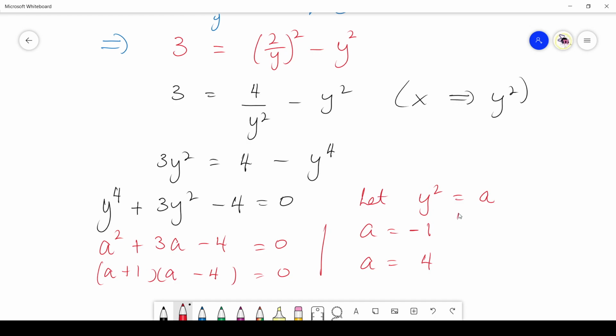So we have to do that change. So we have y squared is equal to -1, and then we have y squared is also equal to 4. If you cannot follow what I'm saying, remember over here, we made a substitution. So after we solve our quadratic, we have to go back and replace our letter a with what it was meant to be.